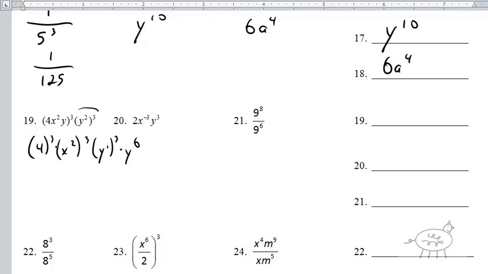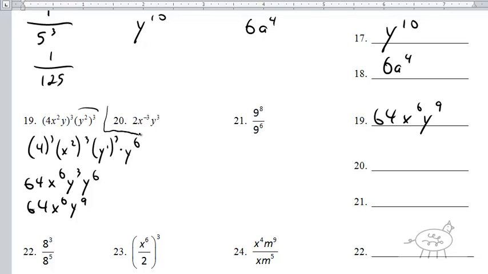Let me simplify that. 4 cubed is 64. X squared cubed is x to the 6th. That's y to the 3rd. And that's y to the 6th. So put those y's together. You have 64, x to the 6th, y to the 9th. That was a little bit more work, but that's okay.